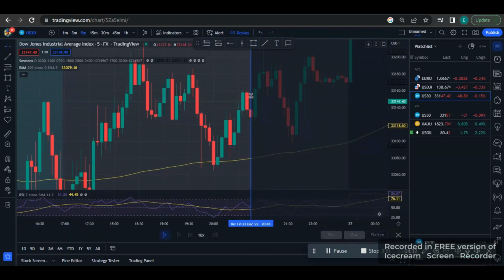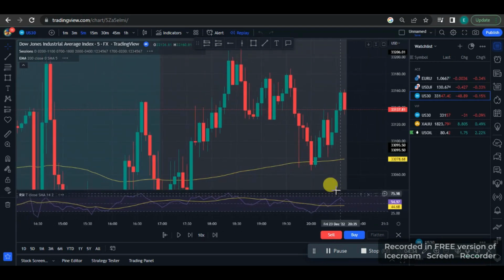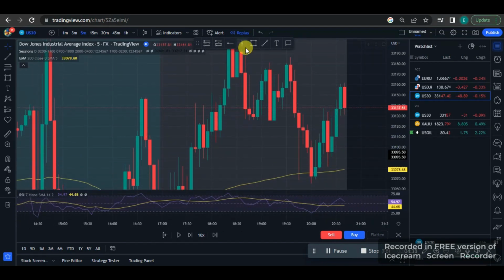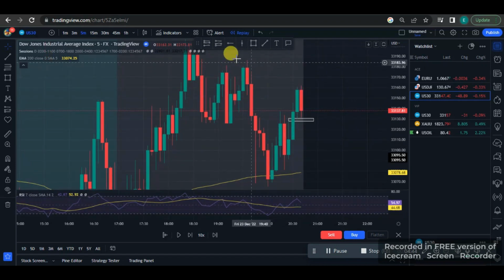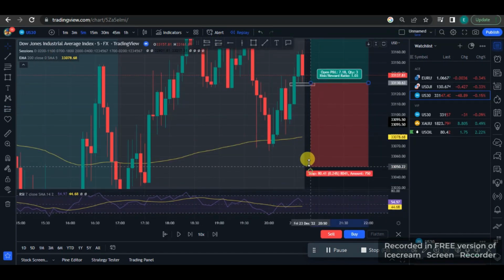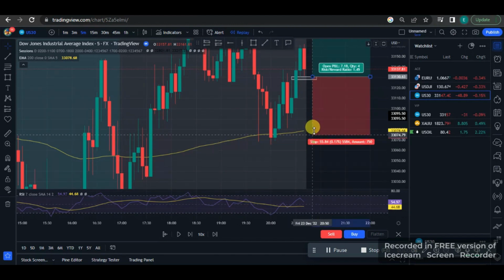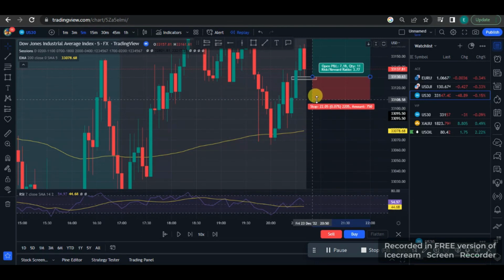Let me use this replay button, so you can clearly see that there's an FVG zone here, which is this one here. So let's say you took a trade down here for a buy, and your stop loss should clearly be, let's just say, below here, or maybe below this candlestick that formed the FVG.